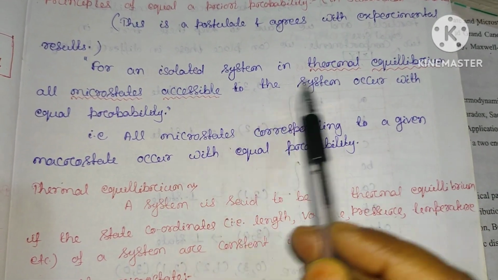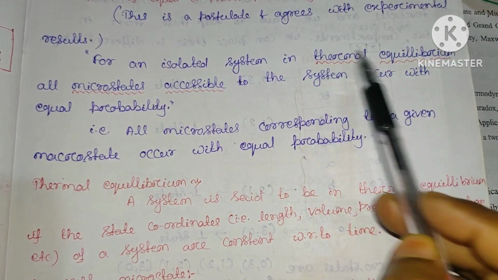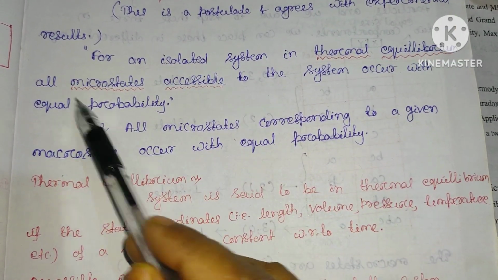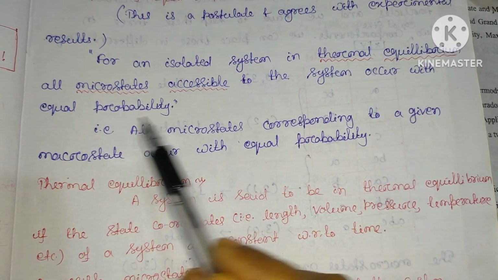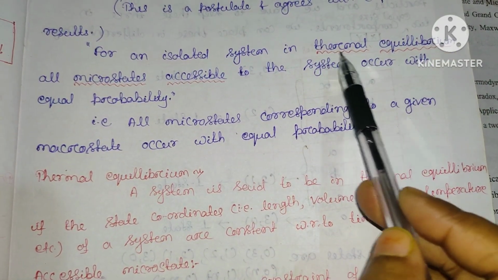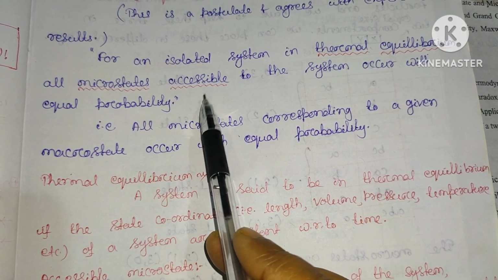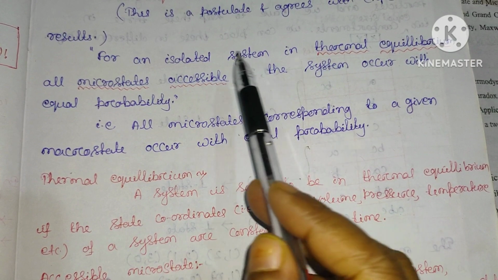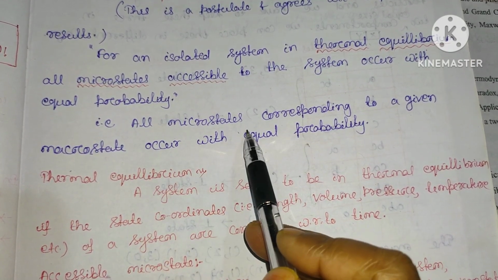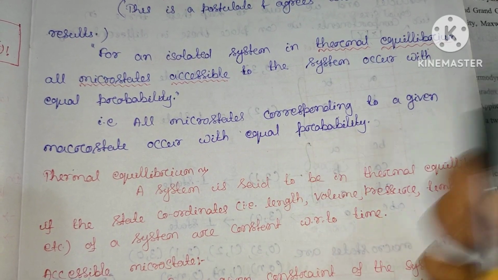It means that the system must be isolated and kept in thermal equilibrium so that the accessible microstates are equally probable. I will give an example. First of all, what is thermal equilibrium and what are accessible microstates? Otherwise it can be said that all the microstates corresponding to a given macrostate occur with equal probability.